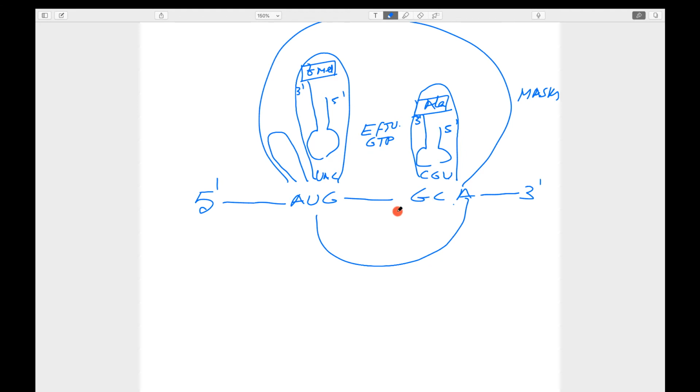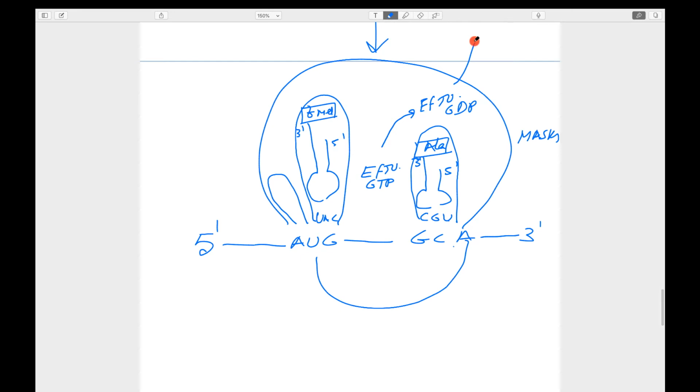After that, this EF-Tu is converted to GDP, recycled, and goes out. That means that mask is removed.